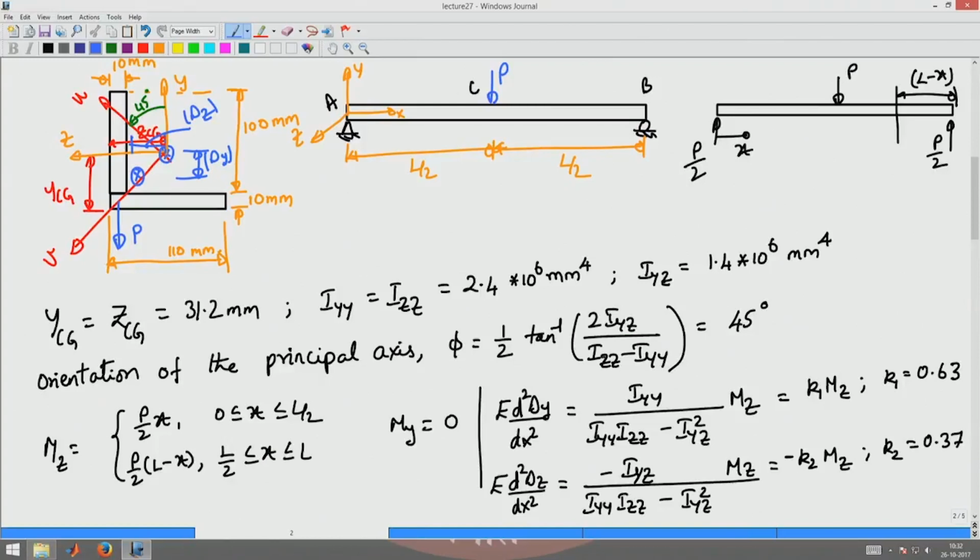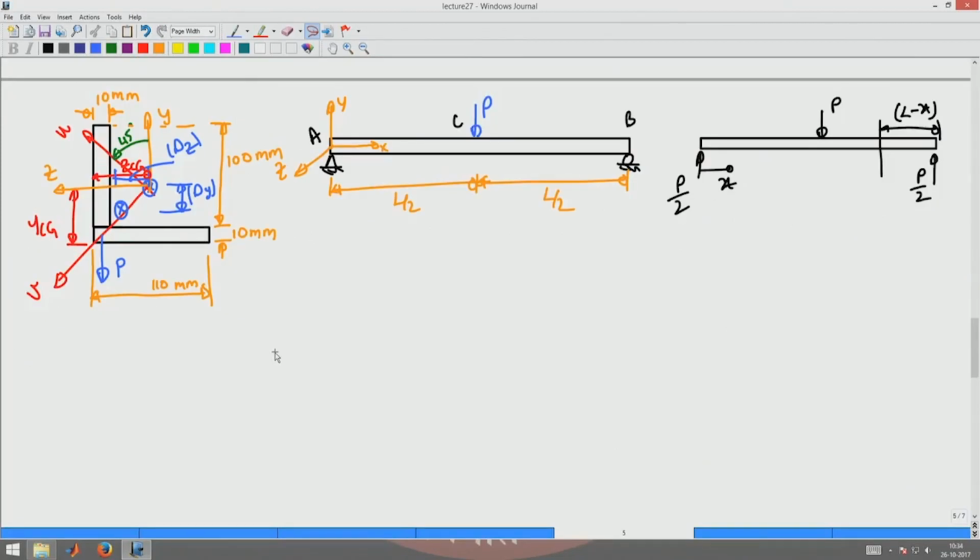Okay, so now this is one way of solving this problem. There's another way of solving this problem wherein I can resolve these loads into the principal axis, and I can repeat the same thing. Then what I will get is the deflection along u and v directions. I have to then resolve that deflection along u and v directions to y and z direction. Now what we are going to do is resolve these forces along the principal directions.